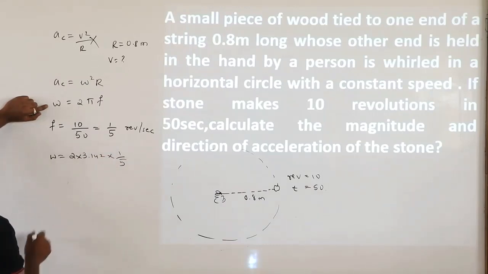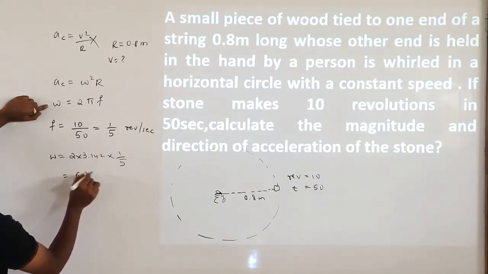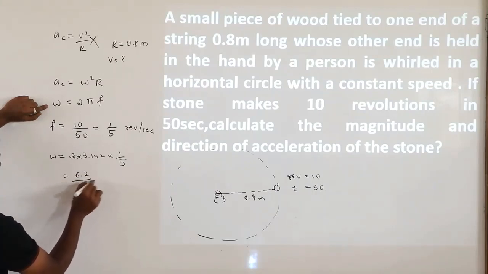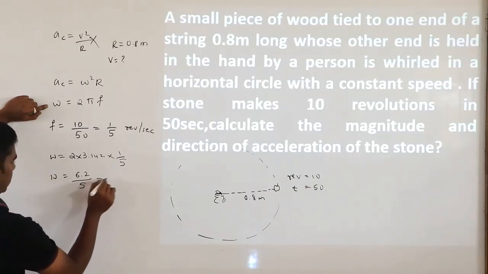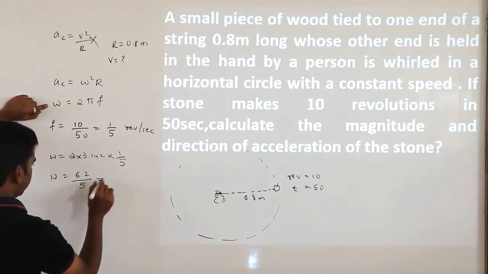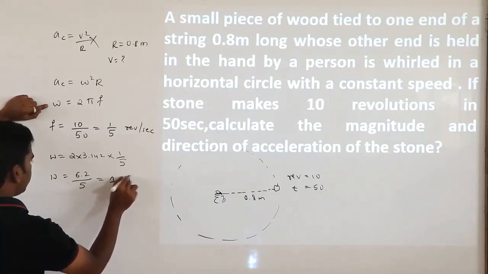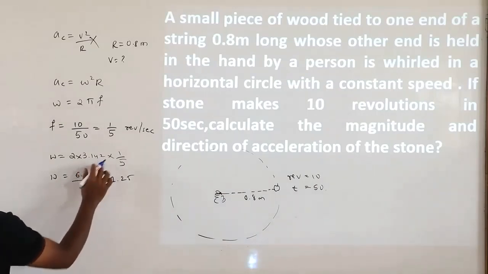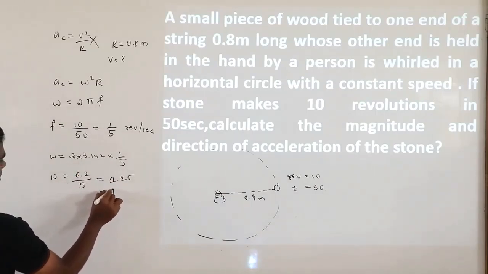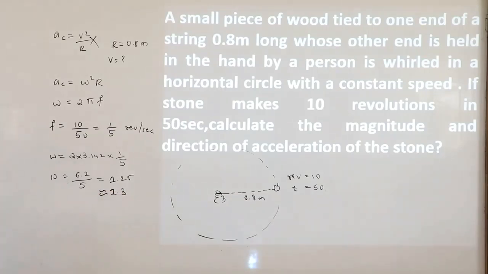Approximately 6.2 divided by 5, which is 1.25, or approximately 1.3.